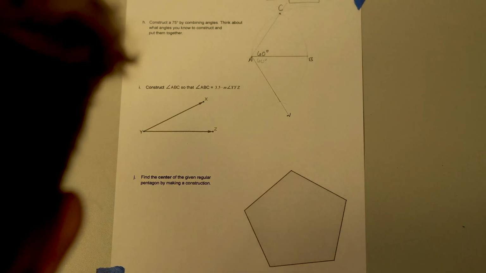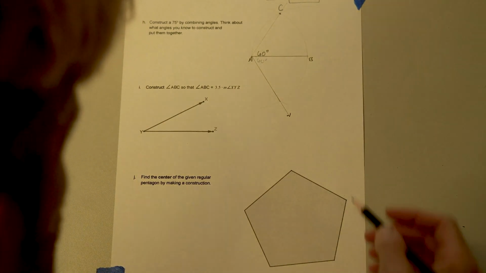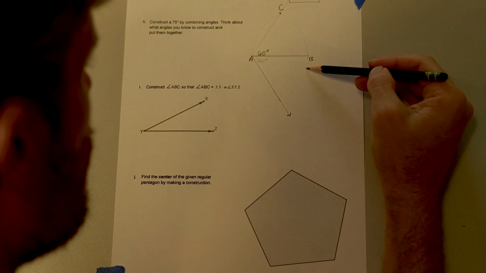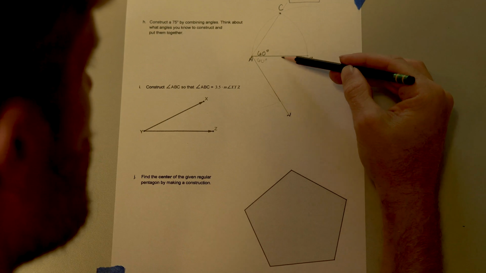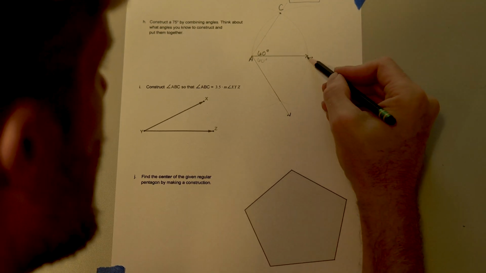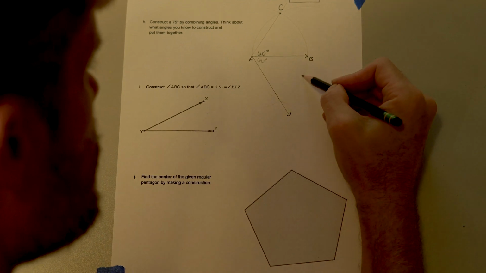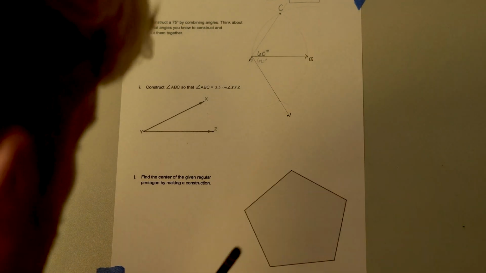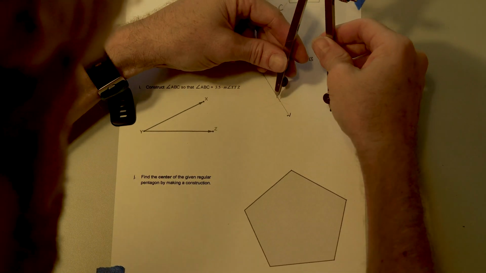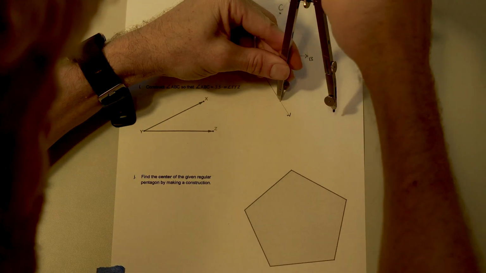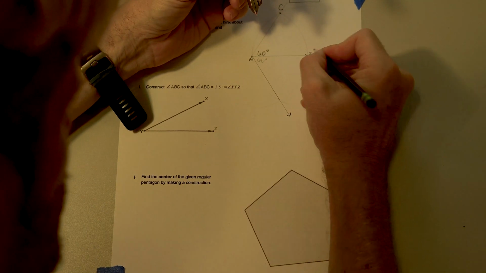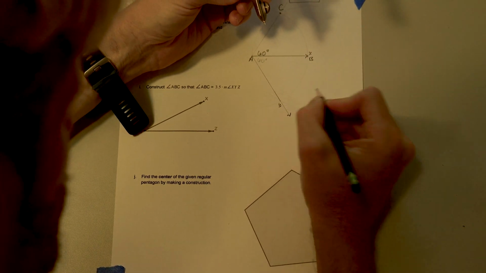So let's bisect the 60. How many arcs? 3. The first arc has to cross both sides of the angle. We'll already have one there. This one's already here, so we could use that one. I could draw a new one, but how about we just use the existing one right here, and call this X and Y so we see it.